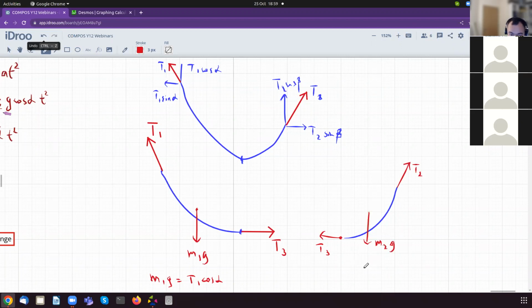Equating the vertical forces, because T3 is horizontal, M2G is equal to T2 cos beta.